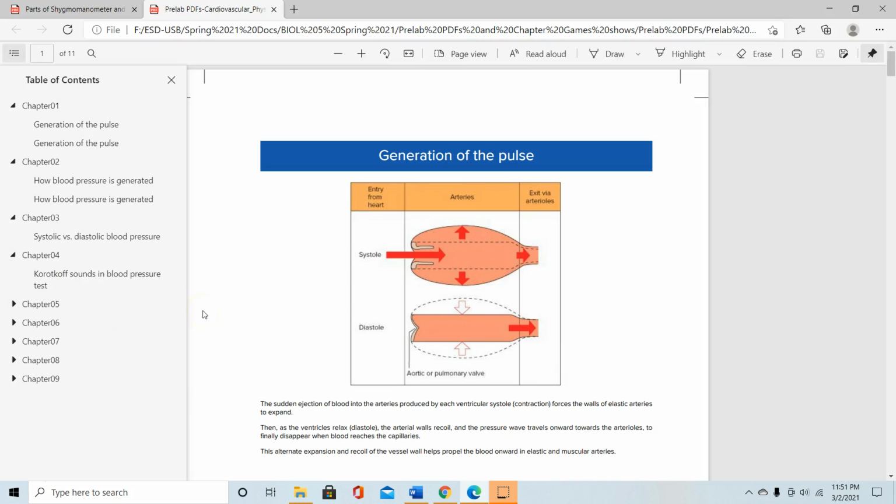Blood pressure measurement corresponds with the turbulent flow of blood sound, and that is called Korotkoff sound. So we're going to talk about the significance of Korotkoff sounds in the blood pressure test.